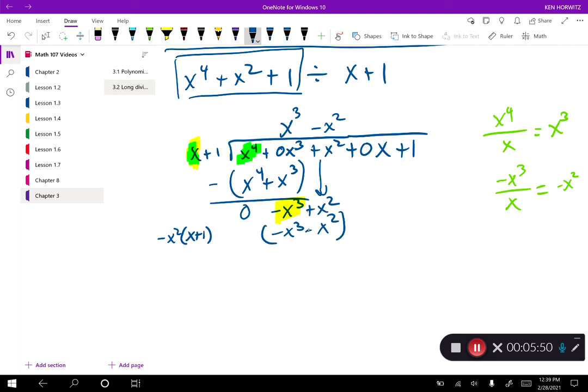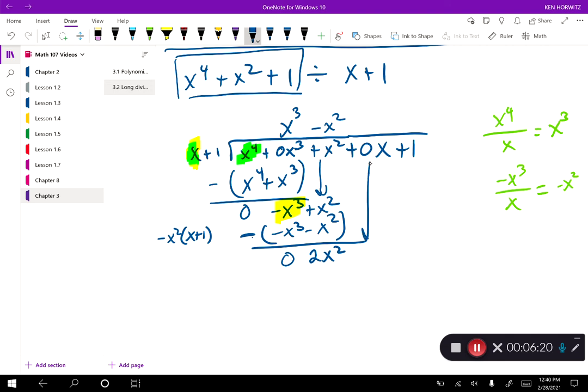Again, I'm going to put parentheses around it and a subtraction symbol. Negative x cubed minus negative x cubed winds up being 0, and x squared minus negative x squared winds up being 2x squared. This is why it's important to make sure that negative is distributed. If you don't, you will get a wrong number. So just be careful about that.